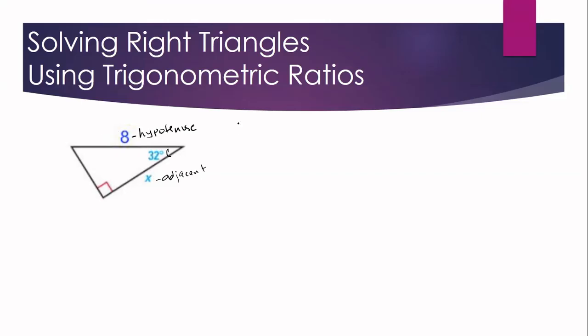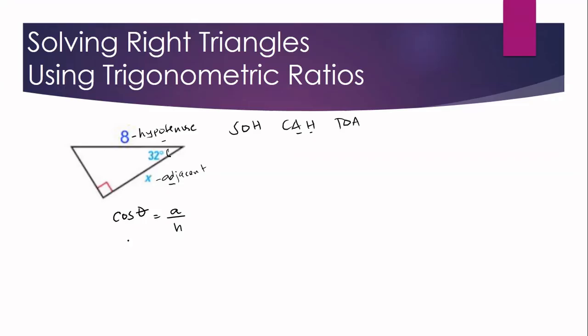Adjacent. So let us write again, we have SOH CAH TOA. Based on the figure, we have the adjacent and the hypotenuse, which means that the ratio that we can use here is the cosine. So the ratio that we will use is that cosine theta is equal to the adjacent side over the hypotenuse. We always start with the equation.